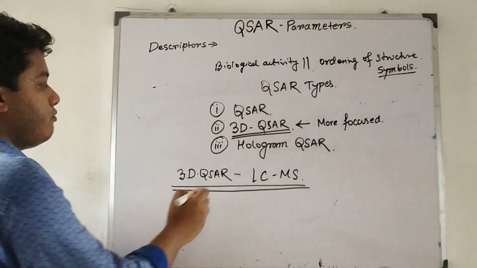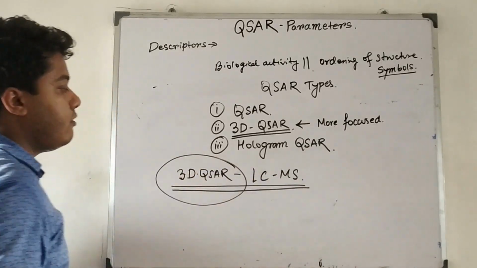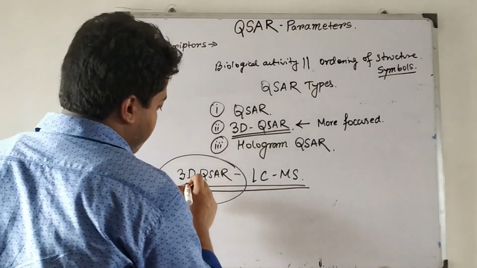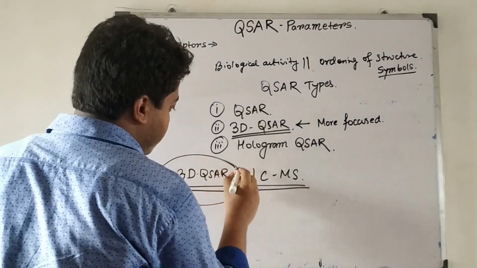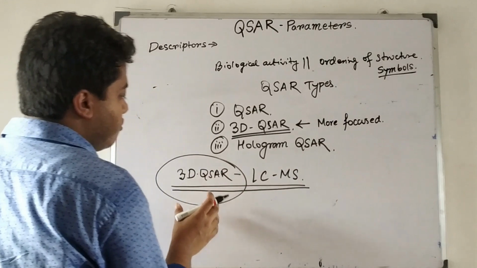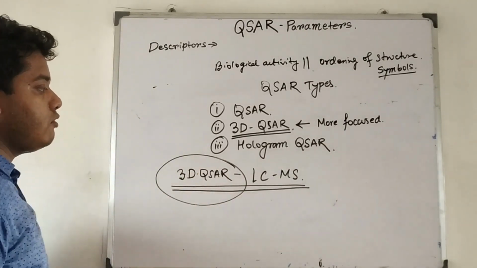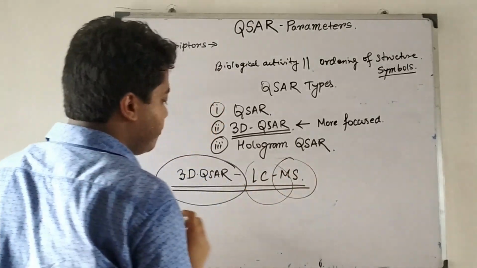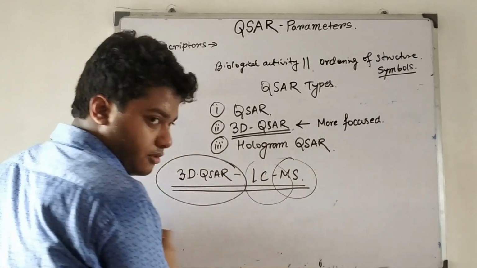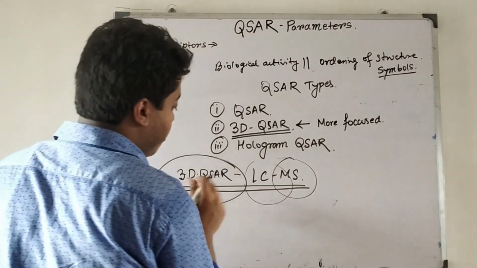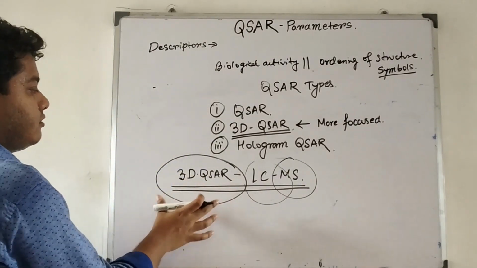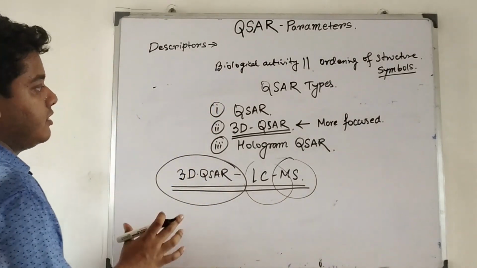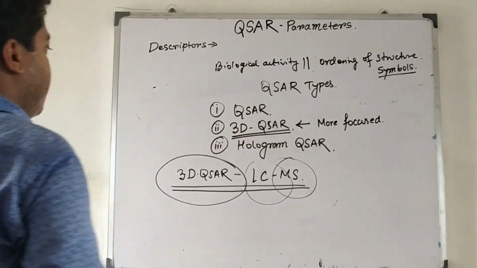Otherwise, if we only perform 3D QSR, we will never be able to predict what the compound is. That means we cannot conclude the structure of the molecule only with 3D QSR, or only LCMS, or only LC or only MS. We have to perform all these techniques in combination with each other, which gives a predictive result.